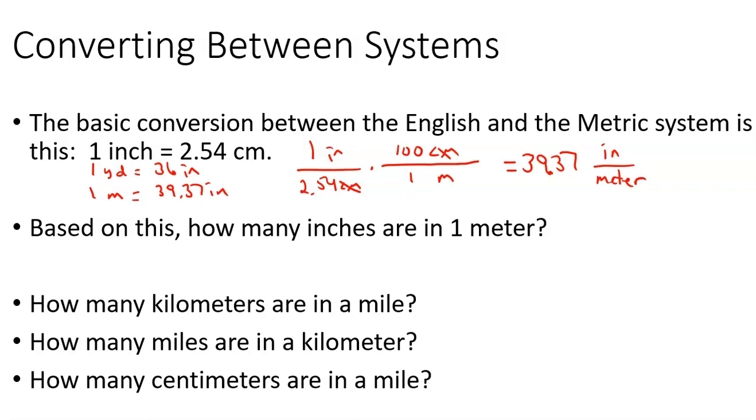then you're looking at a meter stick. So could I go in the other direction? How many inches are there in a meter? I just did that. How many kilometers are there in a mile? Well, if I know that 1 inch is the same thing as 2.54 centimeters, I want an answer in kilometers per mile. So 1 inch is worth 2.54 centimeters.